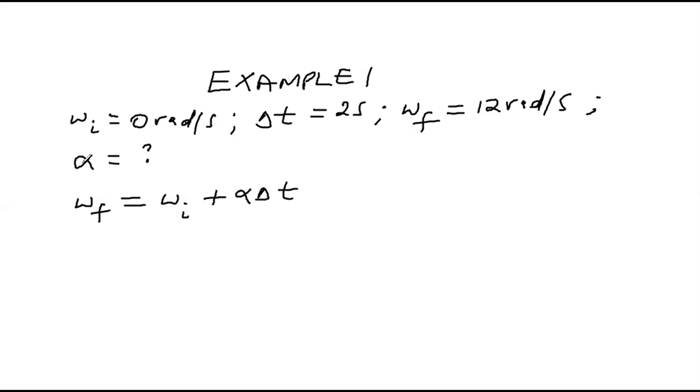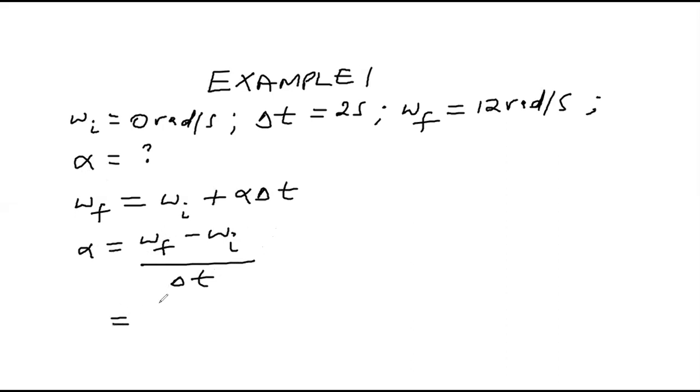We are looking for the angular acceleration, so we need to make it the subject of the formula before we make substitution. Then we have the angular acceleration equal to the final angular velocity minus the initial angular velocity, divided by time.